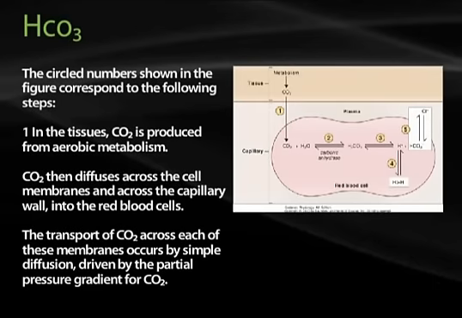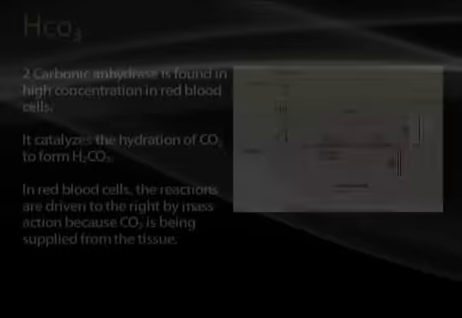If we go through figure 5-24, the circled numbers correspond to the following steps. Let's take this systematically. Number 1. In the tissues, CO2 is produced. CO2 diffuses across the red cell membrane. The transport of CO2 across these membranes occurs by simple diffusion and is facilitated by the large partial pressure gradient for CO2.